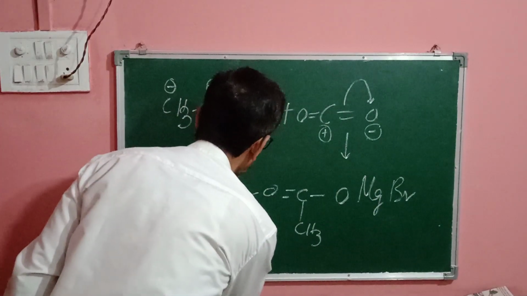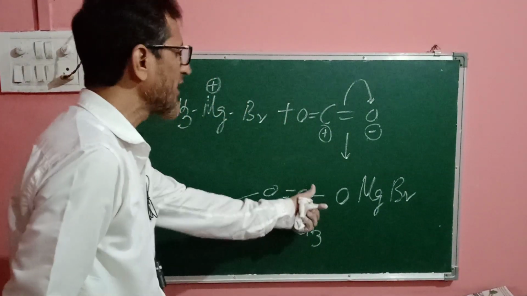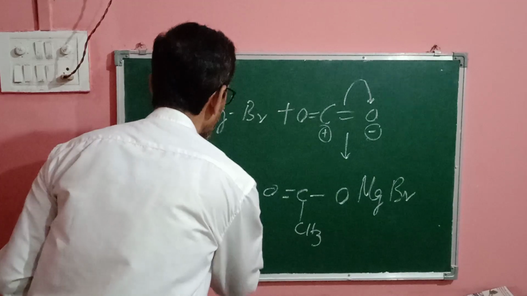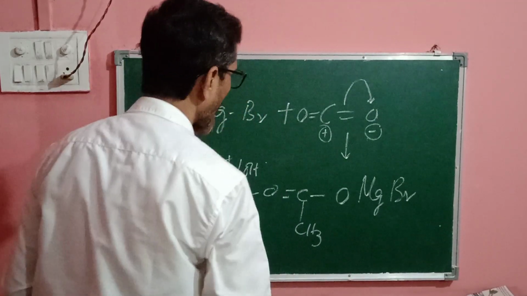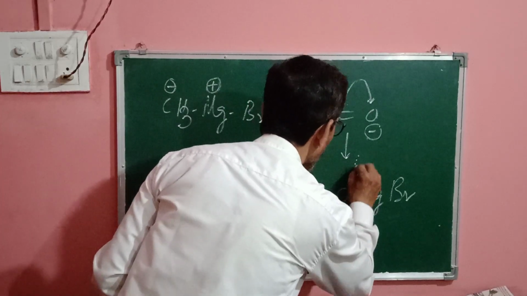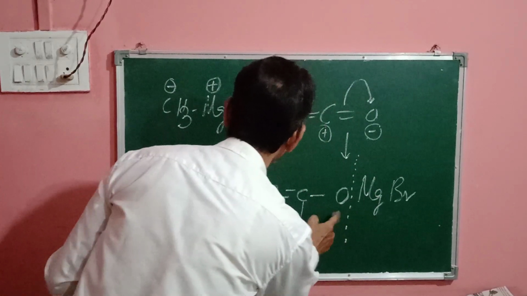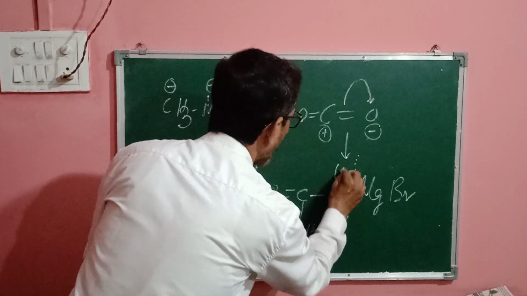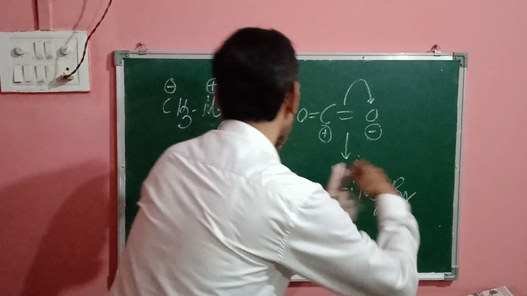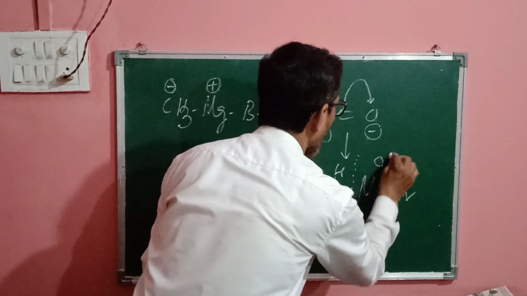Next and last part after the Grignard reagent is hydrolysis. Acid hydrolysis means H plus and OH minus is there. So you break this here. O is negative, so in the negative part you bring H, and in the positive part you bring OH.